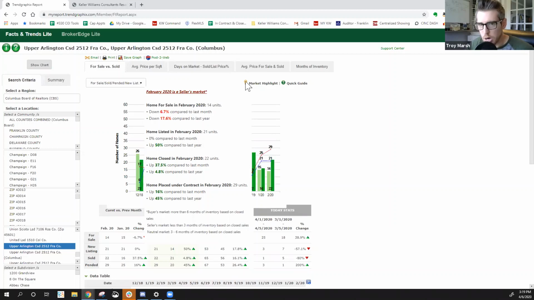But this market highlight thing just shows you some quick talking points too. If you wanted some talking points, you just mouse over that little light bulb and it gives you a quick summary.